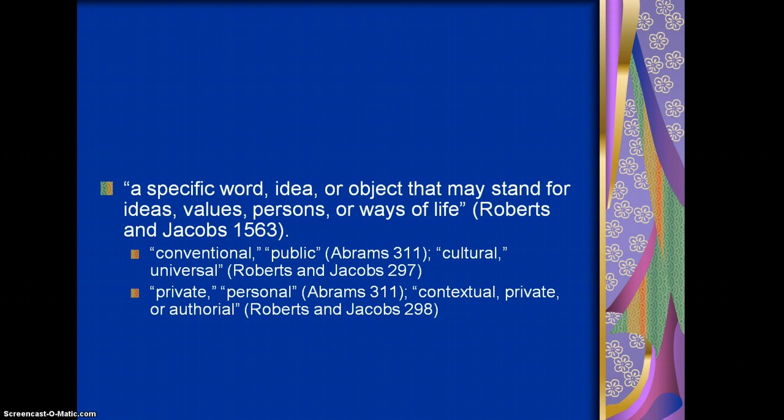Whereas private, personal, contextual, or authorial symbols will be symbolic objects that don't have a necessarily obvious or broadly applicable meaning, but they do have a meaning within a particular story. One of the famous examples of this is the sled Rosebud from the classic film Citizen Kane.